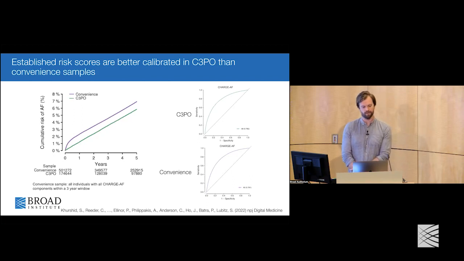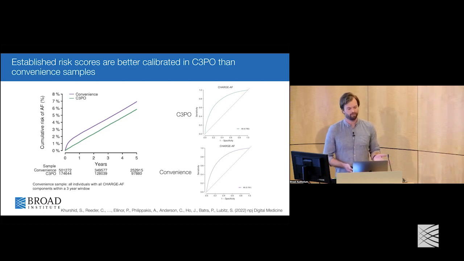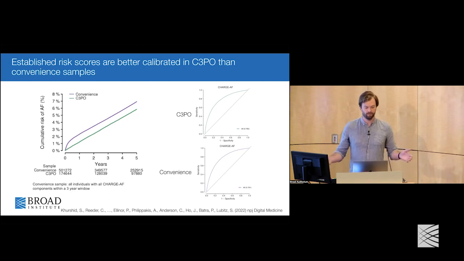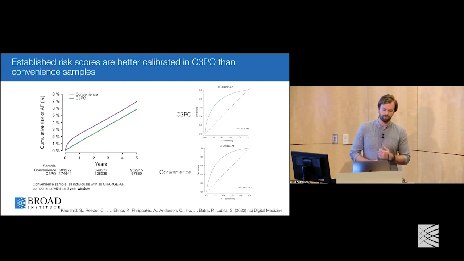And just as a sanity check to show that these data are useful for our purposes, we took both C3PO and what we call a convenience sample, meaning looking at all individuals who have data at MGB, not just the C3PO cohort, who have all of the features for this standard risk score for atrial fibrillation. And when you calculate this risk score for all of these individuals, we showed that the score is much better calibrated for C3PO than the convenience sample.